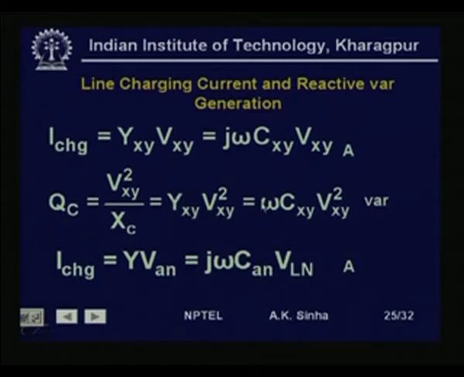So, we can find the charging volt ampere reactive as omega Cxy into Vxy square. This will provide us the volt ampere reactive which is generated by the transmission line.